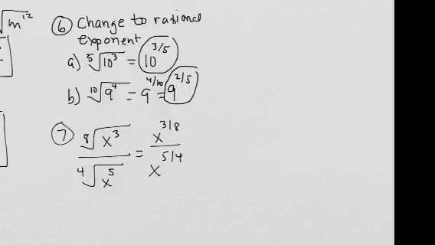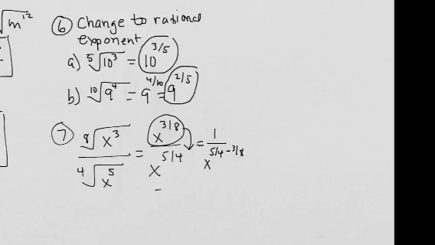5/4 is bigger than 3/8, so I'm going to move this one down. And so that's going to leave me with 1 over x to the 5/4 minus 3/8. Because remember, positive 3/8 in the numerator becomes negative 3/8 in the denominator.